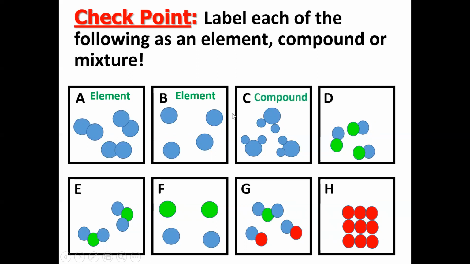Right, C is a compound. So that could be water, or water vapour. You can see that you've got two hydrogens and an oxygen there, for example. Now we know that's a compound because there's more than one type of atom. I hope you notice that the atoms that I've drawn here are different sizes, and that would suggest that they're different atoms.